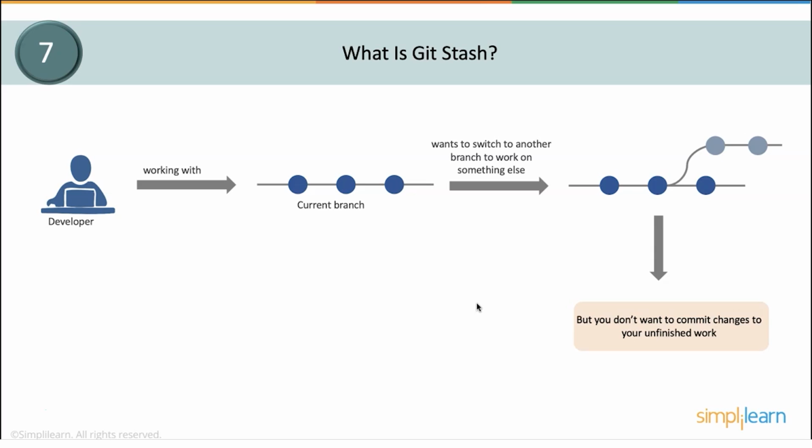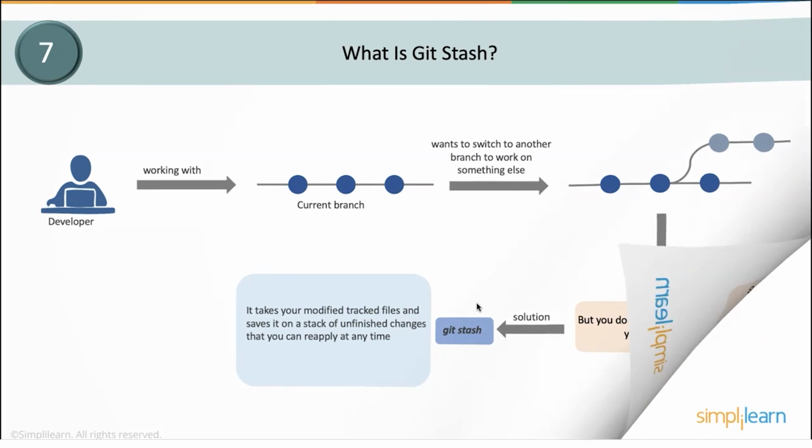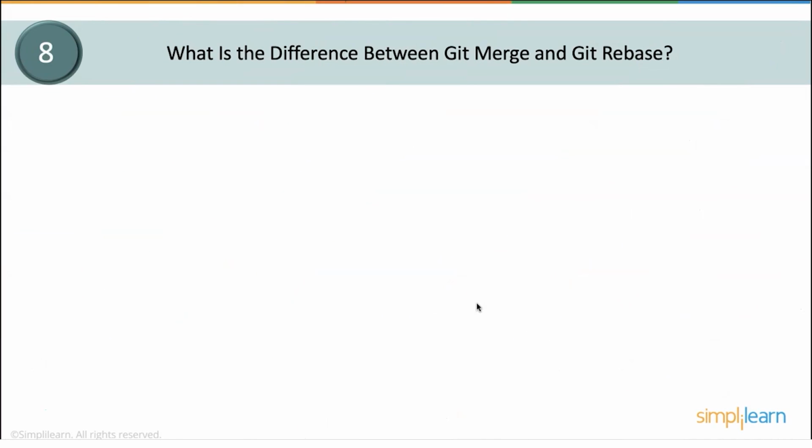So the solution is git stash. It takes your modified tracked files and saves them on a stack of unfinished changes, which are not committed, so that you can reapply them at any point of time. That is git stash.